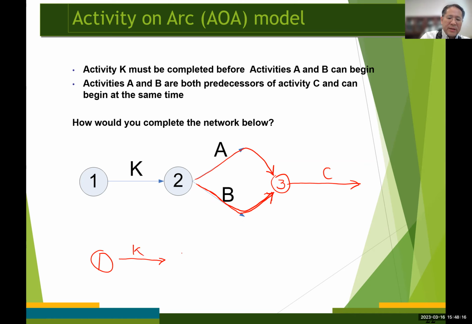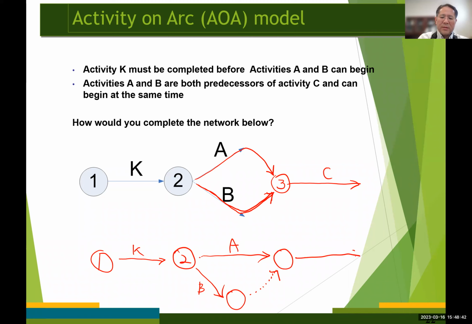So this is K. If I say this is going to be A, and this is going to be B, then I introduce a dummy activity with a dashed line here. And then we have C.